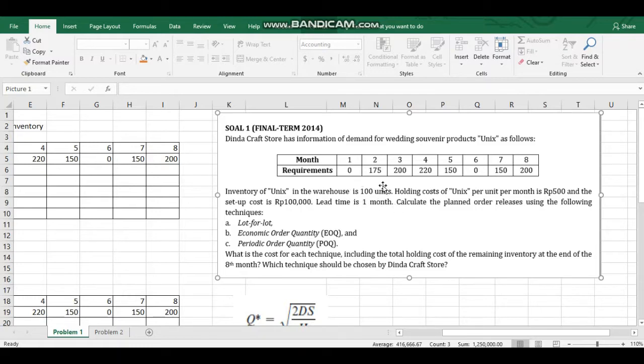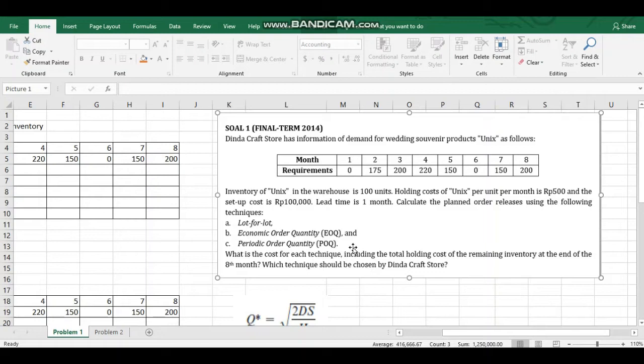The beginning inventory is 100 units, and then the holding cost per unit per month is 500 rupiah, the setup cost is 100,000 rupiah, and the lead time is 1 month. Okay, and here we are required to calculate the planned order release using the following techniques. So here we could see that there are lot for lot, economic order quantity, and periodic order quantity.